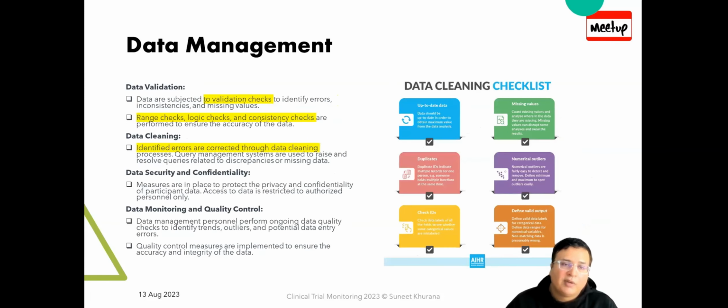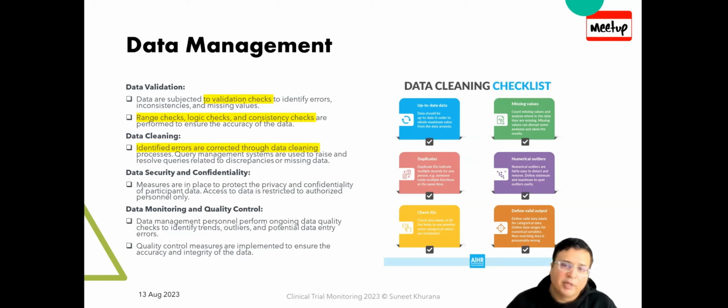And then they will validate the data, do range checks, logic checks, consistency checks. This is more like a job of data managers, not the monitors, but they will find discrepancies and ask the sites why the discrepancies are there.